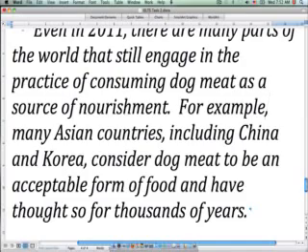And this is kind of a stylistic trick that you can use on your examination. So basically what I've done is I've said, for example, many Asian countries, and then I paused myself for a second with a comma, and then I mentioned two Asian countries, and then I put another comma in, and then I continue with my point.